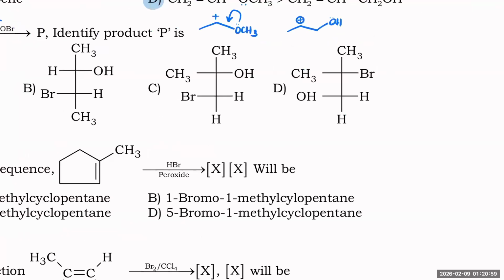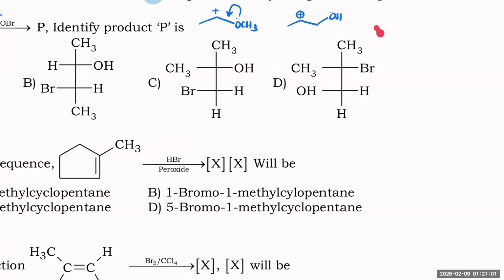Let me remind you once again. If you have a cis molecule and then you are making an HOBr addition, in HOBr it is HO minus and Br plus getting added, and you know that it is going to be an anti-addition.